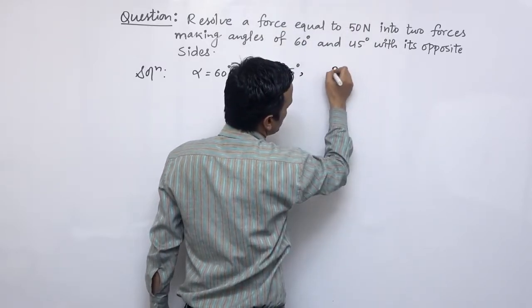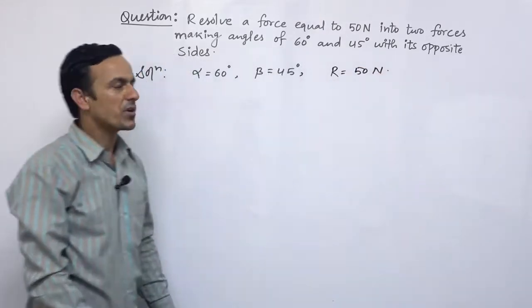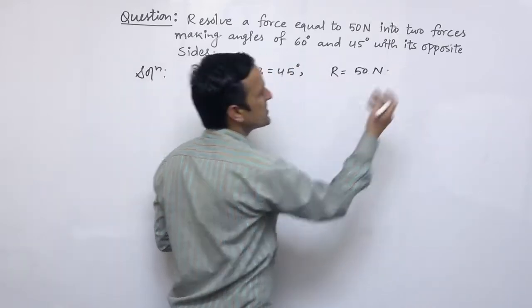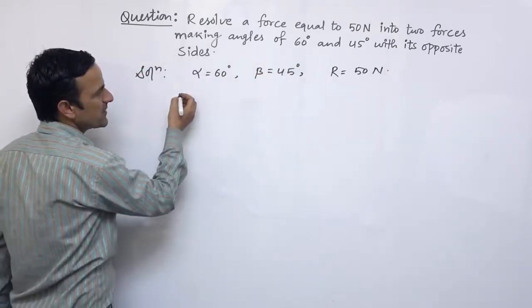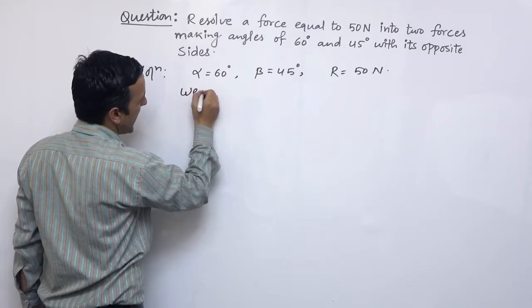यो फोर्सलाई रिजल्भ गर्नुपर्ने फोर्सलाई हामी R भन्छौँ अलवेज। रिजल्भ गर्नुपर्ने फोर्सलाई क्यापिटल R 50 न्यूटन फोर्स is going to be resolved by using this formula.